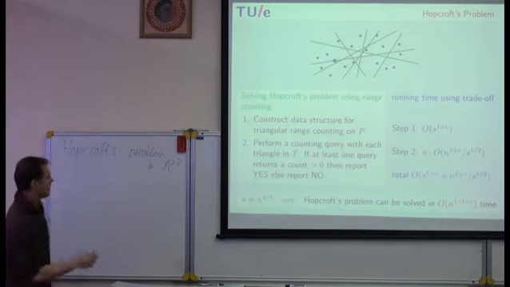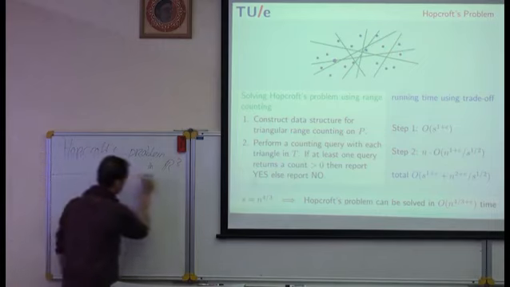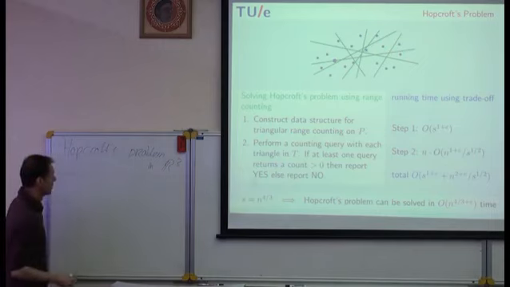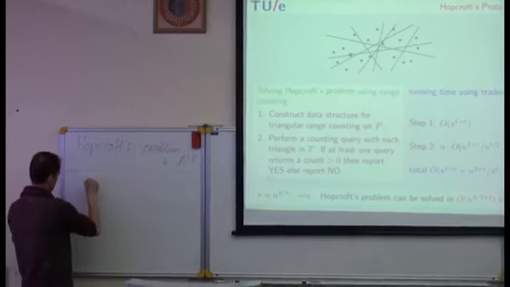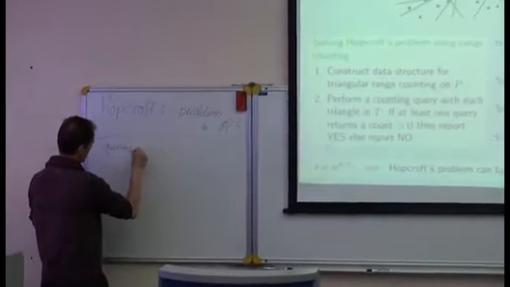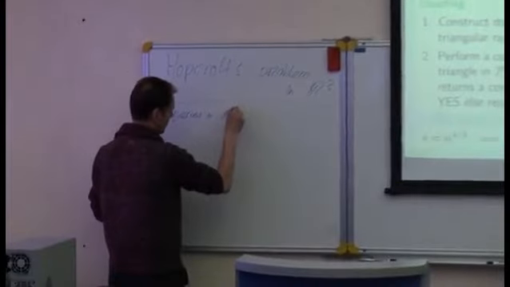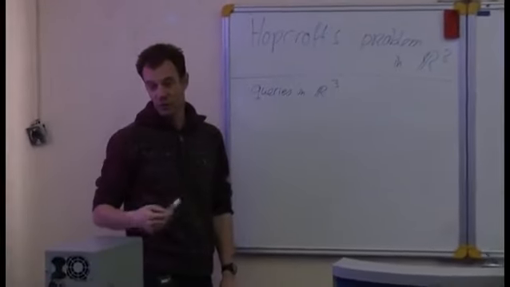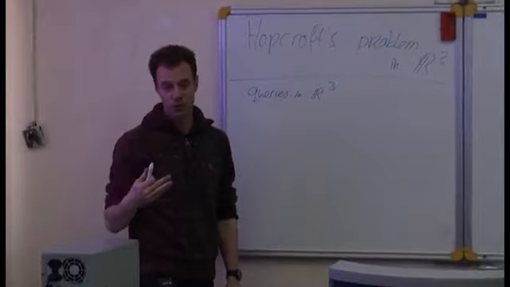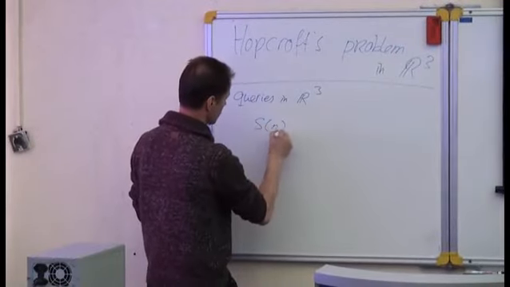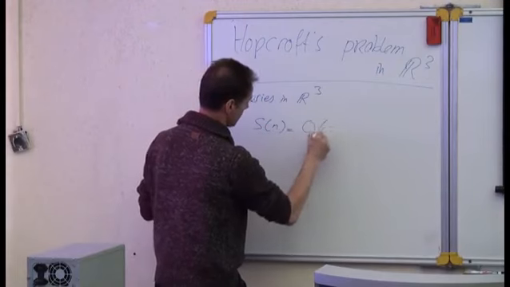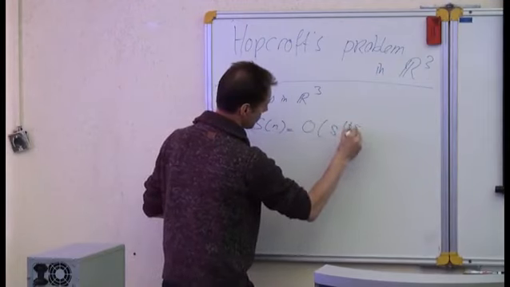Okay, so let's say queries in R3. As I said, exactly the same machinery works. So I have storage, I can get S to the 1 plus epsilon.